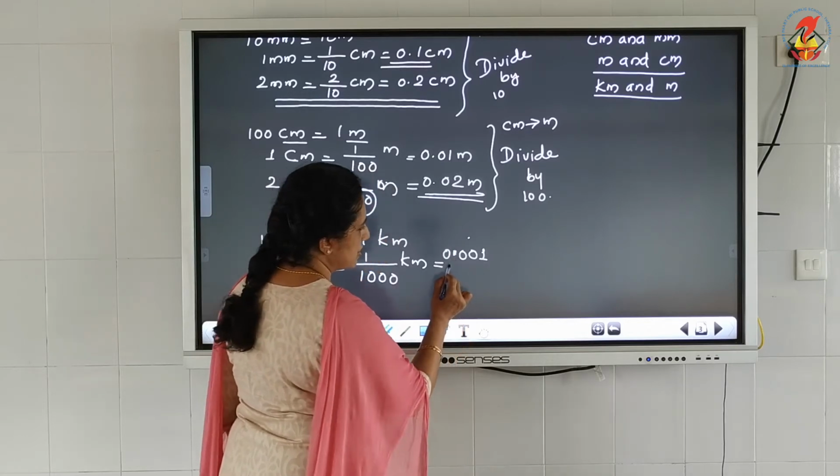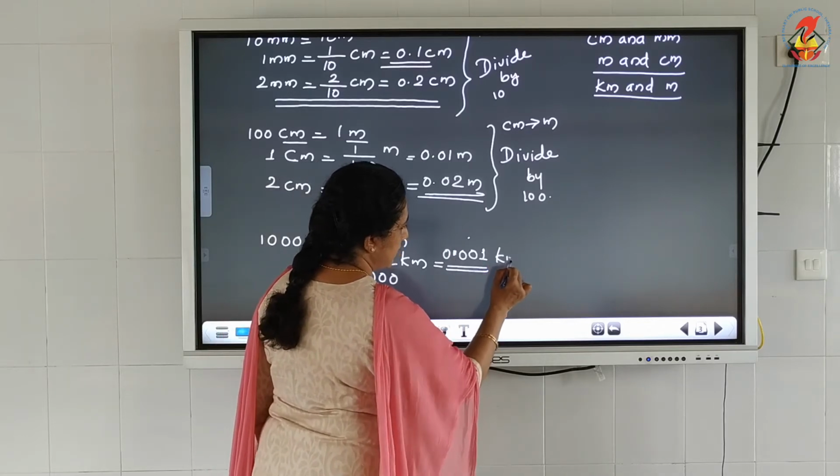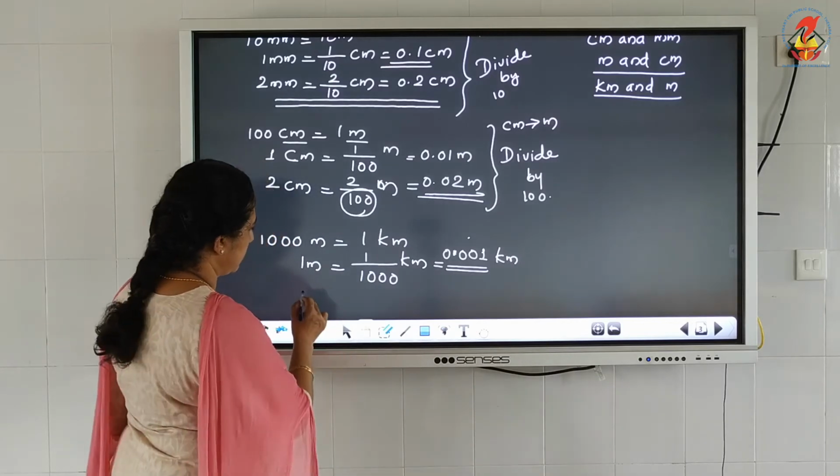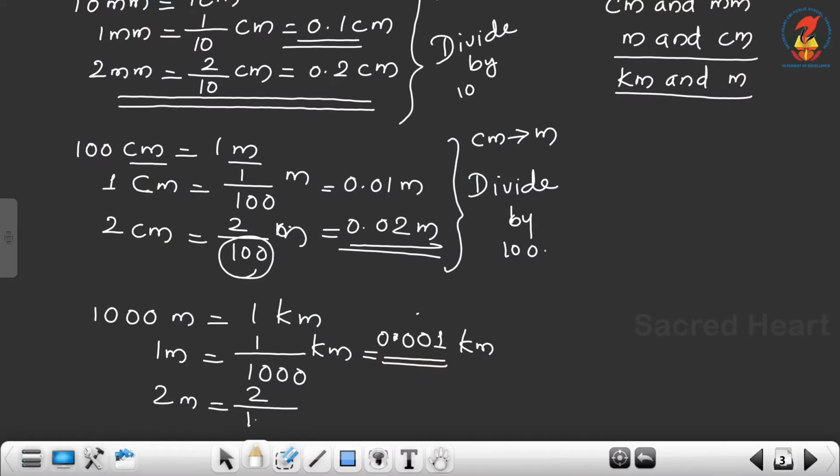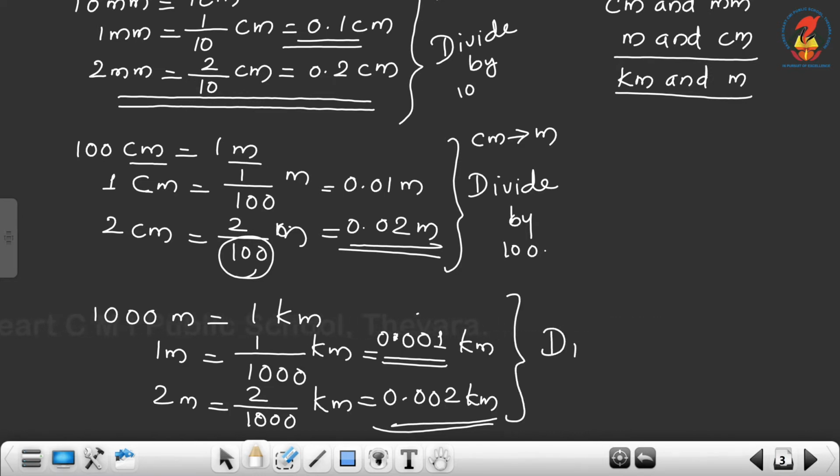So 0.001 kilometer. Therefore 2 meters means 2 by 1000 kilometer, which is equal to 0.002 kilometer. So what did you understand from this? In order to convert meter to kilometer, you have to divide by 1000.